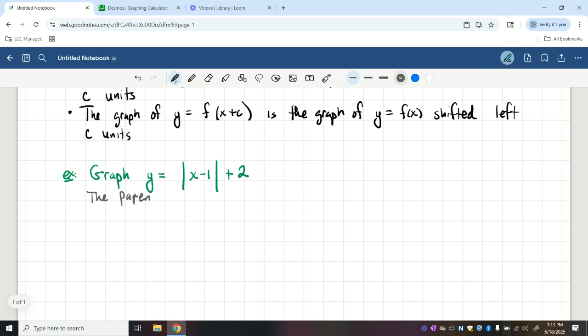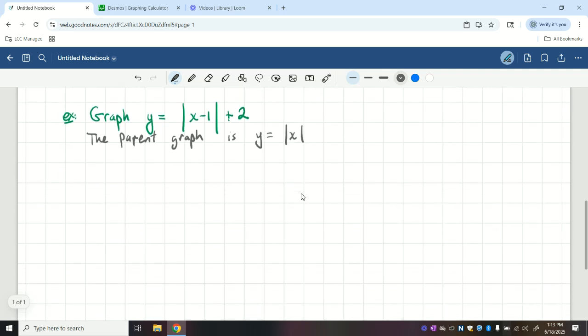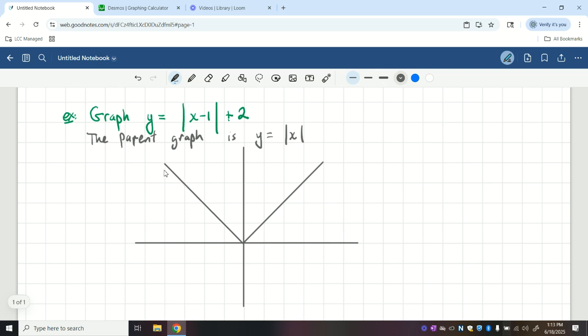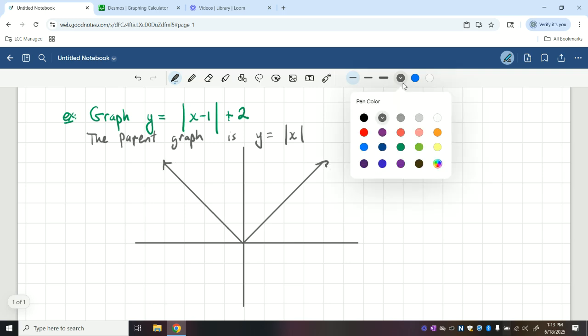Remember, we did those parent graphs a couple sections ago: y equals absolute value of x. So if I were to graph absolute value of x, it's going to be that V with its vertex at the origin. We learned in our notes, it looks like this. Now I'm going to look at absolute value of x minus 1 plus 2.